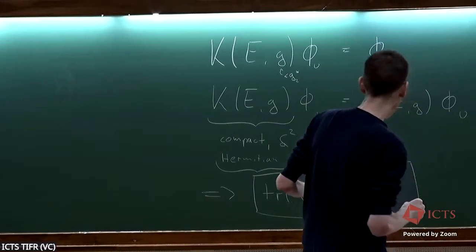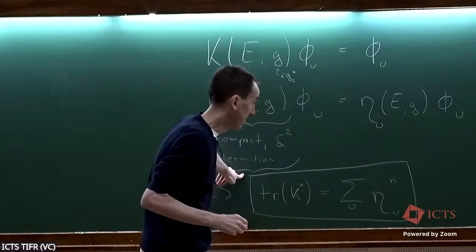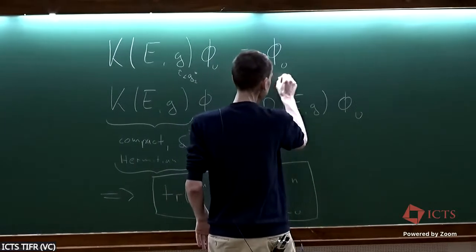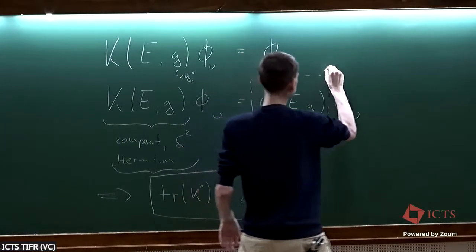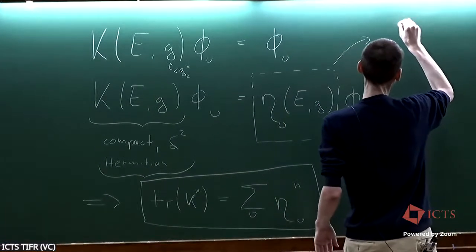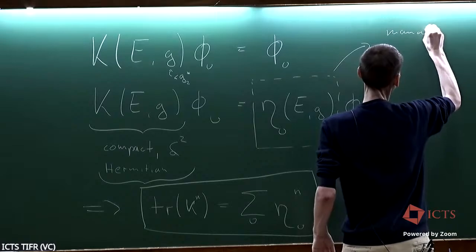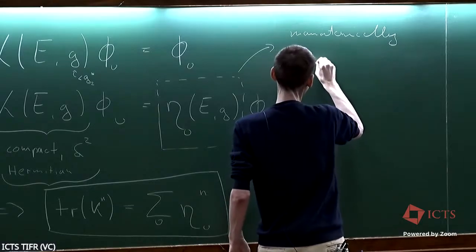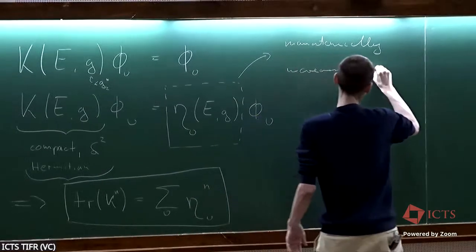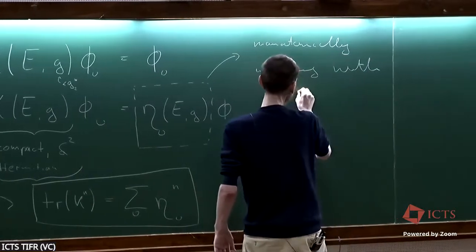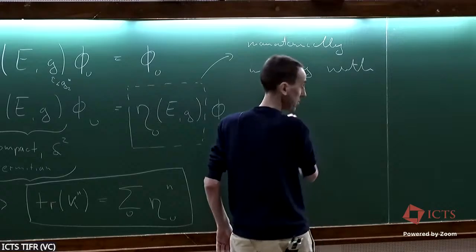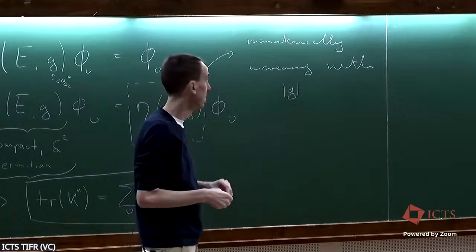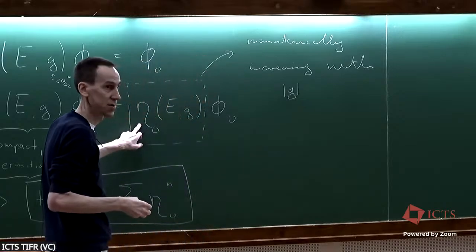All right, so what also follows from that, and that is important, is that the eigenvalues here are monotonically increasing with G, so with the absolute magnitude of G. So if you make G or the interaction more attractive, the eigenvalues here also rise.